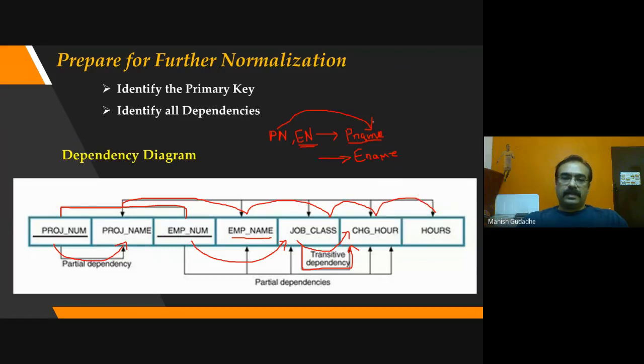It seems that this is dependent on employee number, but basically employee number is determining job class, and job class in turn is determining charges per hour. So charges per hour is not fully functionally dependent on employee number, but it is transitively dependent on employee number.